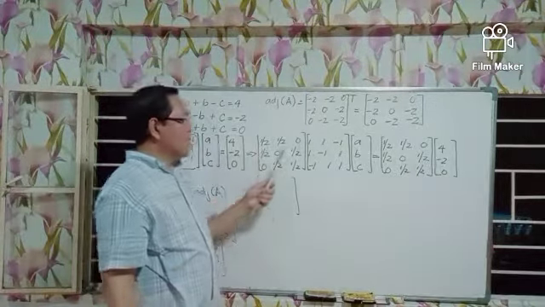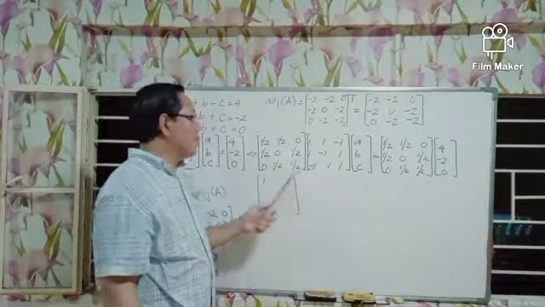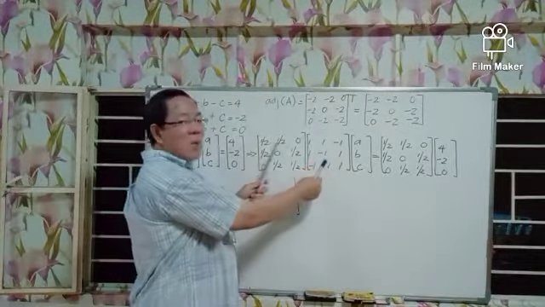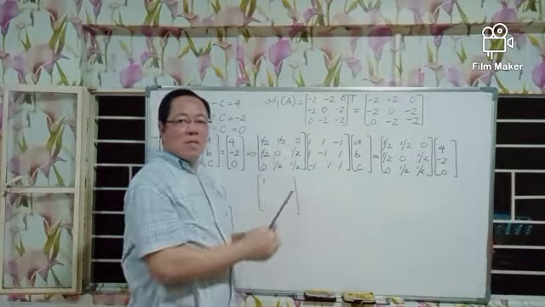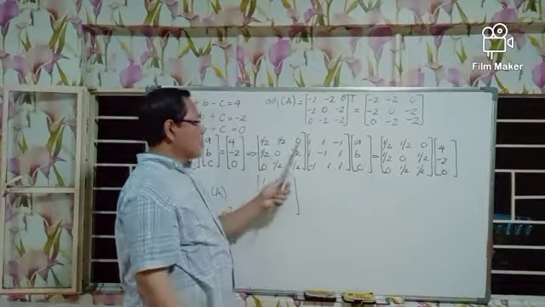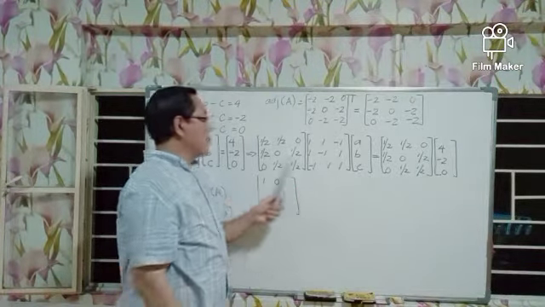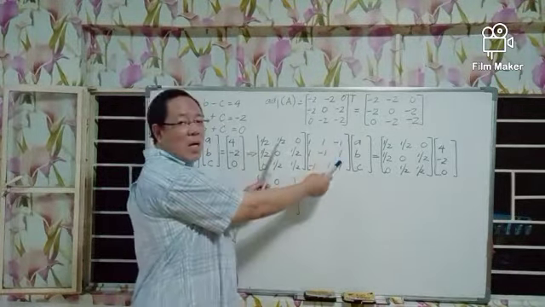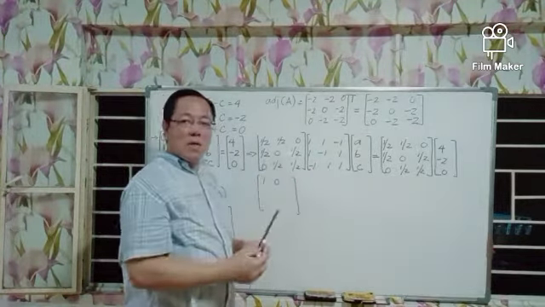We now multiply the first row by the second column. 1/2 minus 1/2 is 0, plus 0 is 0. The first row by the third column. Minus 1/2 plus 1/2 is 0, plus 0 is 0.